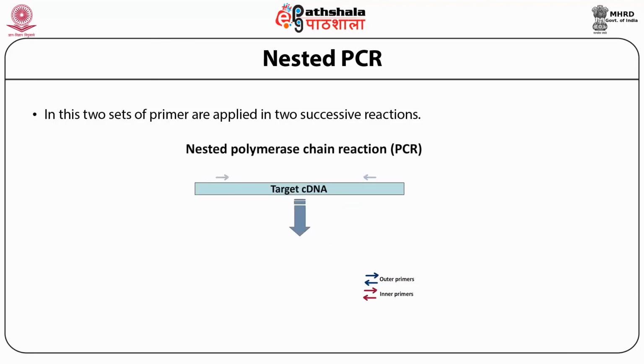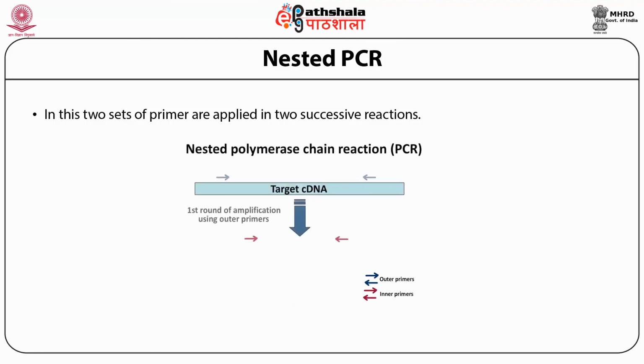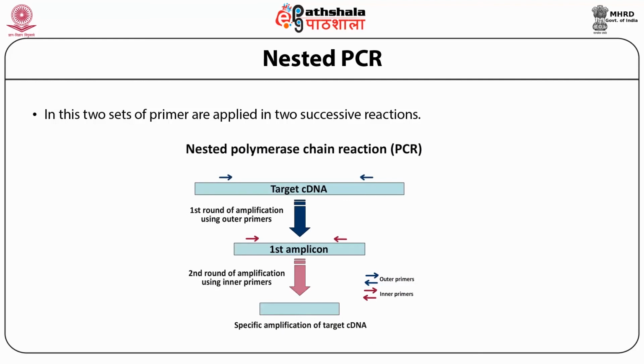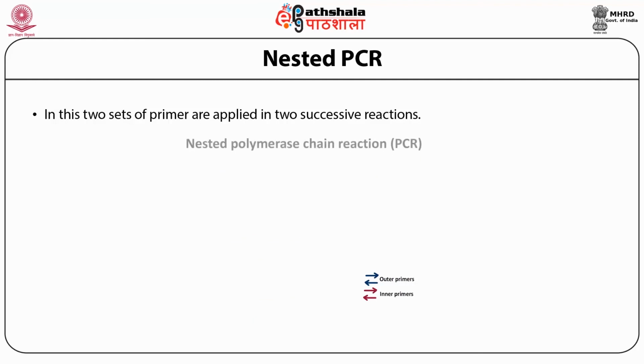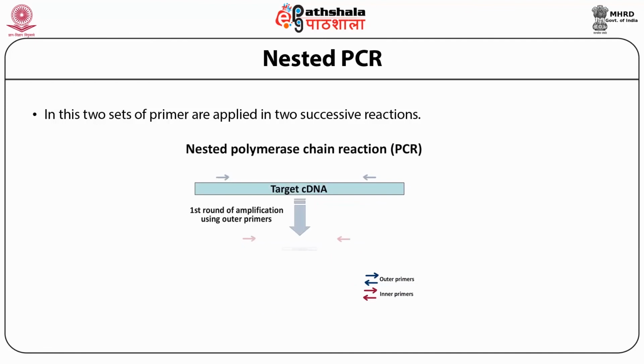In the next reaction, the product from the first PCR is used as a template, and one or both of the different primers, whose binding sites are present within the first set, increase the specificity of the reaction. It has been found more successful in amplification of large DNA products than normal PCR. So this technique is specifically used when specific amplification of the target DNA is required.